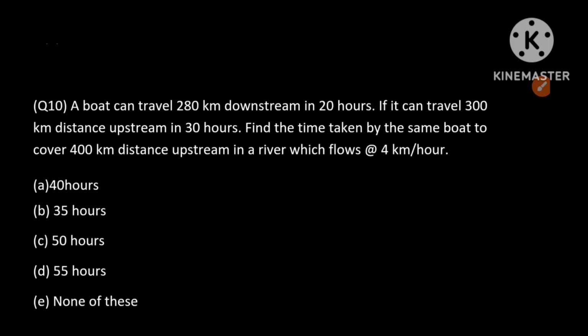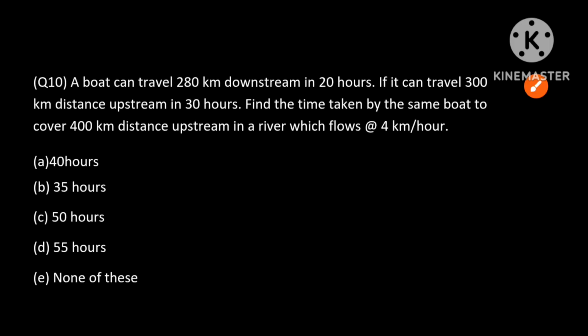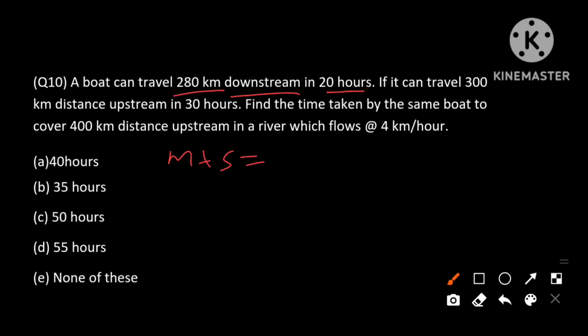Next question. A boat can travel 280 kilometers downstream in 20 hours. Downstream means m plus s. 280 divided by 20 is 14, so the m plus s value equals 14.